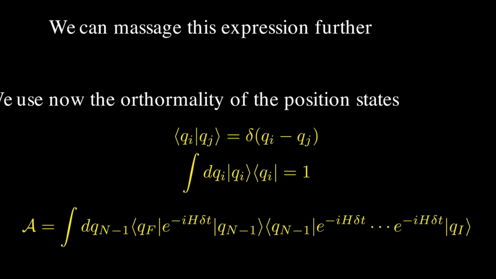And so we will have this expression. We have an integral over dq n minus 1, and we have now sandwiched the bra and ket of q n minus 1 as you've seen. And as we have said, this will do nothing to our states because it's a unitary operator, it's equal to 1. So we are absolutely allowed to do this. But you can see now where I am trying to hit at.